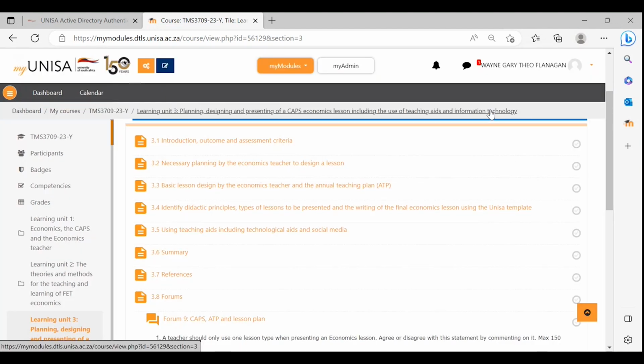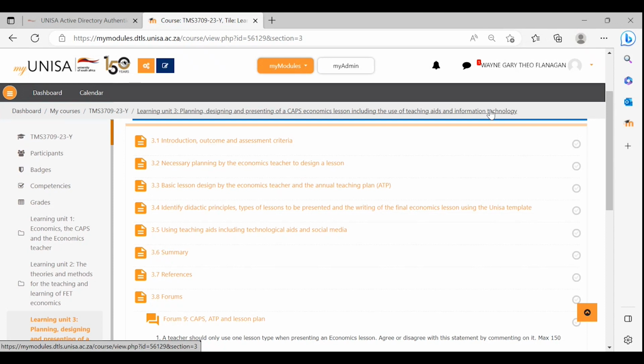Right. Students, that concludes my lesson for today. I expect you to work well on your assessment 2, which covers, as I said, learning unit 2 and learning unit 3. 70% of the work comes from learning unit 2 and 30% from learning unit 3.